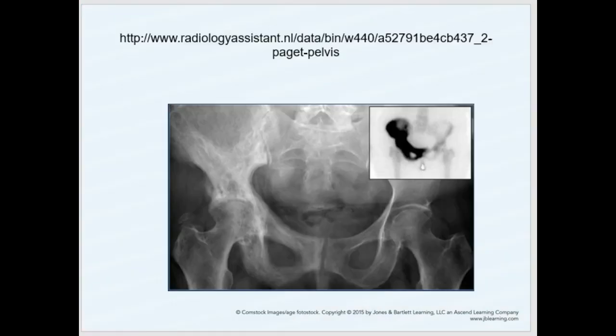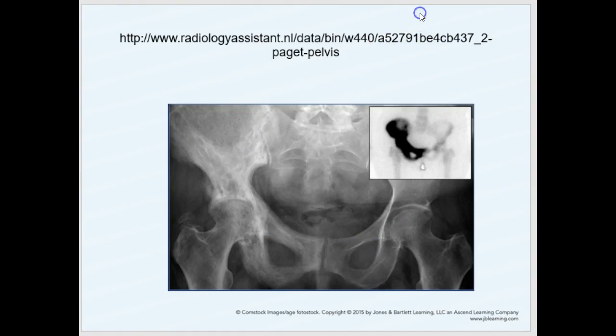And the way that it presents, if we move on to the next slide, is a cotton wool appearance. That's W-O-O-L, cotton wool. So if you look at this x-ray, we're looking at normal on this side, and it has a gauzy kind of appearance, for lack of better words. Over here, you can see that cotton wool appearance.